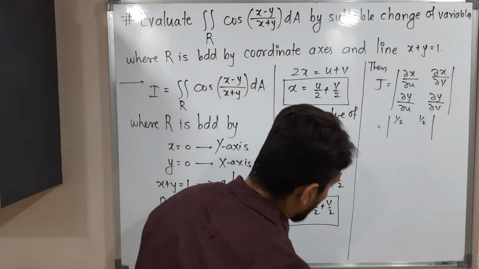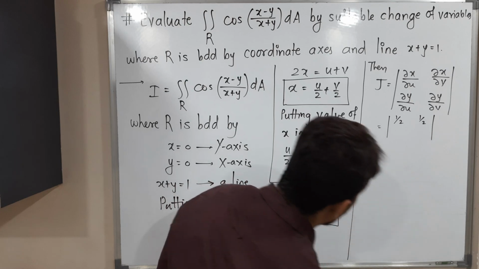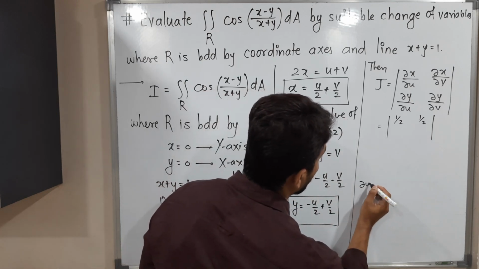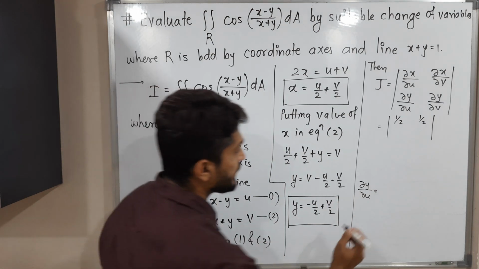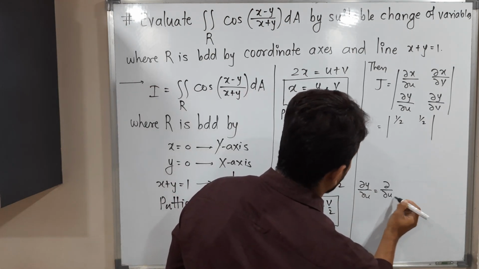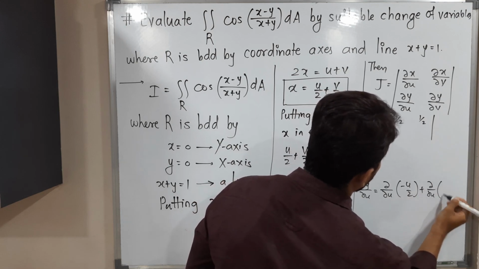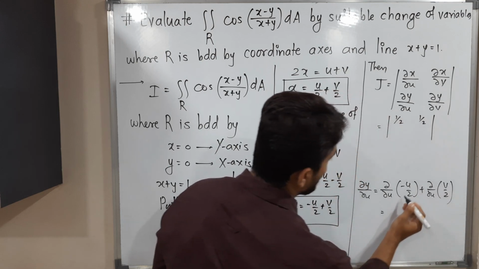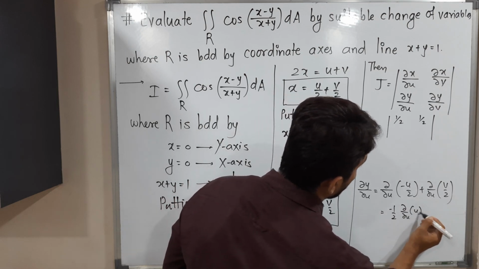Okay, so let us find the derivative of y with respect to u. I will show you one more, how to find the derivative of y with respect to u. Addition is there, we can take separate derivatives, okay? So derivative of minus u by 2 plus derivative of v by 2. Minus 1 by 2 is constant, will come outside, derivative of u only.